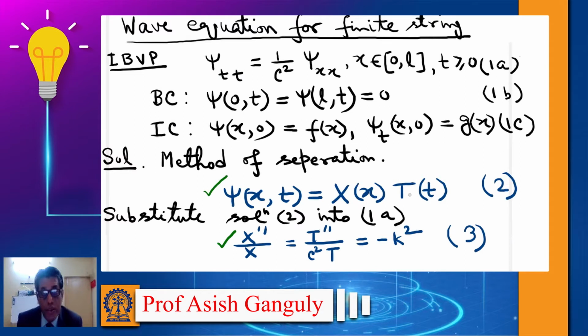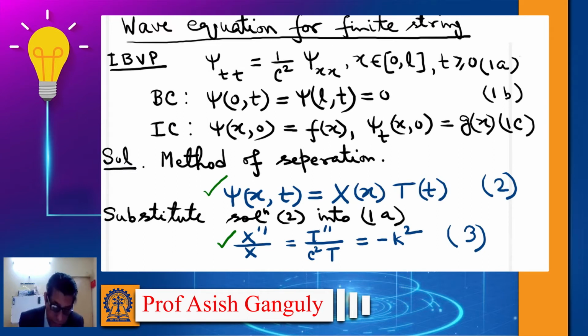Capital T contains two arbitrary constants. Since it is a product, there are actually two arbitrary constants because C1k in capital X can be renamed as C1k into D1k is An. Similarly, C1k into D2k equal to Bn.